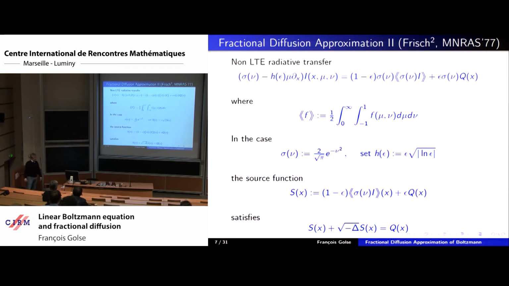Typically in radiative transfer, Q of x would be a Stefan-Boltzmann law, I mean, something that is proportional to the fourth power of the temperature and depends on x only, right?